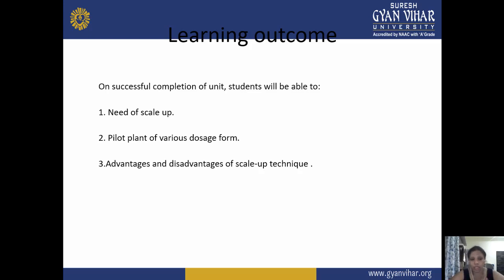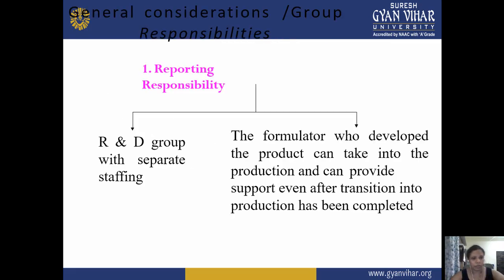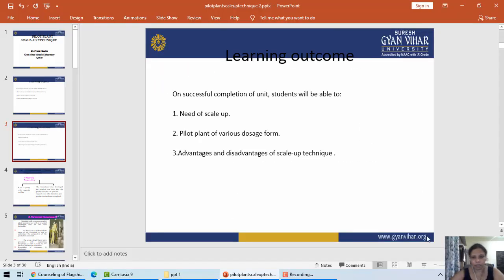You know that there are solid dosage forms, liquid dosage forms, semi solid dosage forms, there are many dosage forms. So pilot plant scale up of various dosage forms you will learn in this topic. Other than that, advantages and disadvantages of scale up techniques will also be learned in this unit.